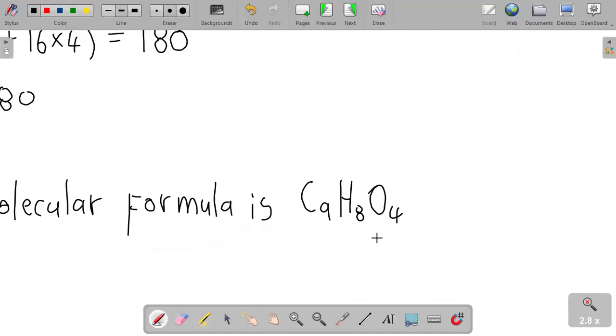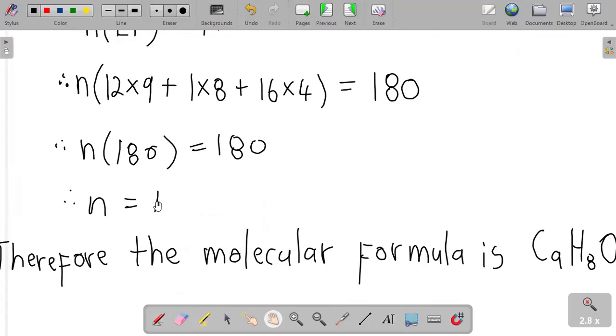So the molecular formula will be the same as the empirical formula in this case. Because why? Because our n is 1.